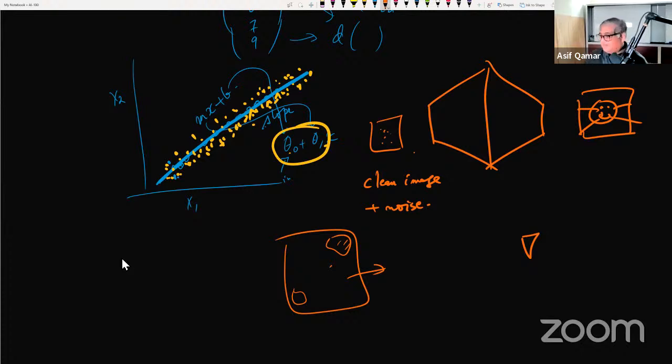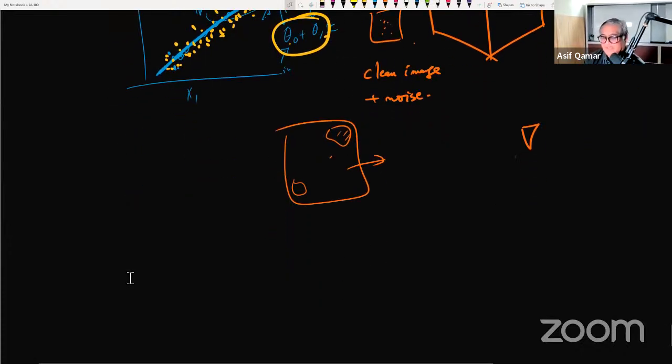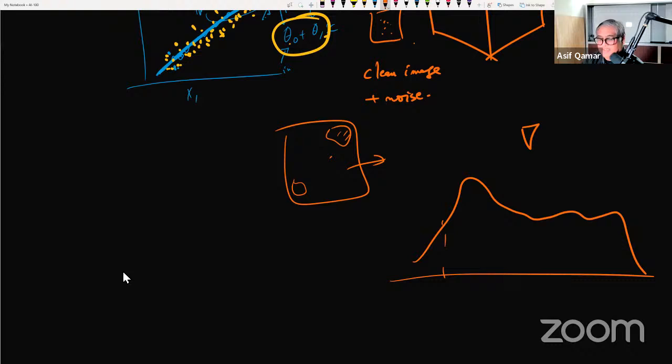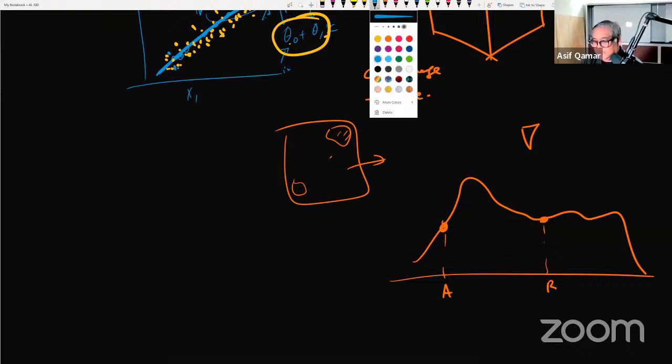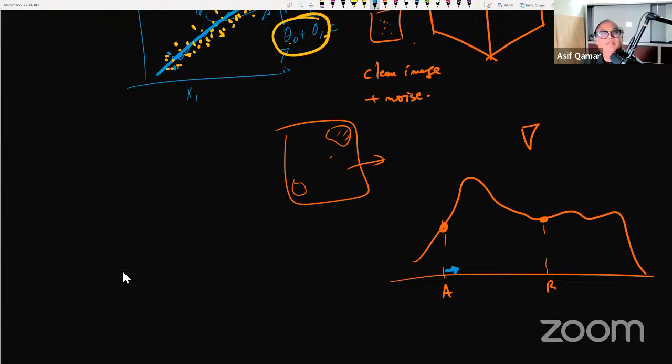Suppose I have a function, any function. Imagine this function here, look at this point A and this point B. If I do small deviations, say I go from A in this direction, the same amount in both cases from A and B, in which case is the Y, the response, changing more? A. And where is the slope more?